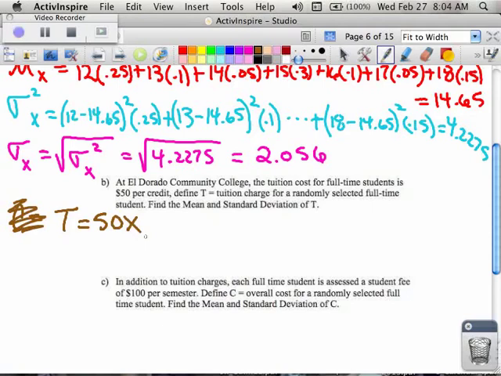So what does that mean for us? That means that our new mu is going to be equal to 50 times whatever our x value is, or in other words, 50 times whatever our mu of x was, if I'm finding the new mean. So I go back and I look at what my mean was before, which was 14.65, and I just multiply by 50. So I have 50 times 14.65, and that turns out to be 732.50.